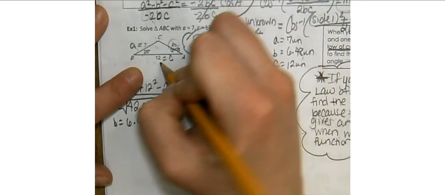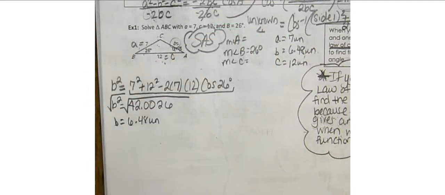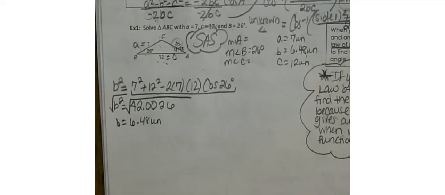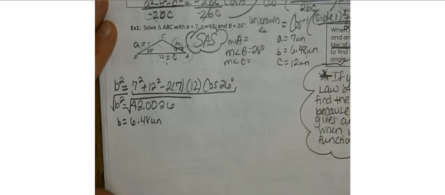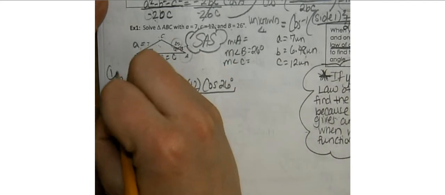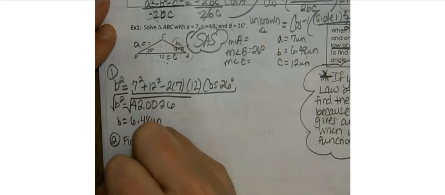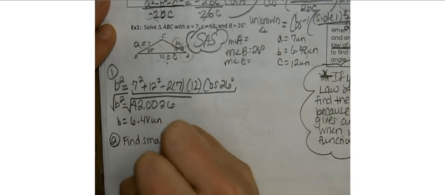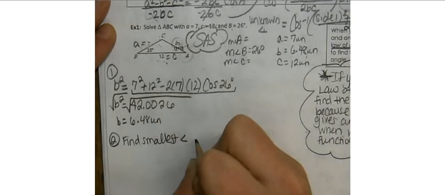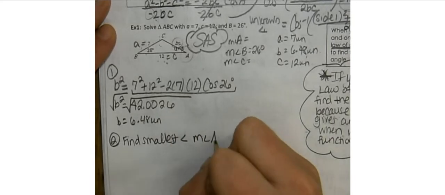Since angle C is across from 12, that indicates that it's going to be our biggest angle. So this is my first step, identifying what little b is. The second step, I'm going to identify my smallest angle, which just so happens to be the measure of angle A.